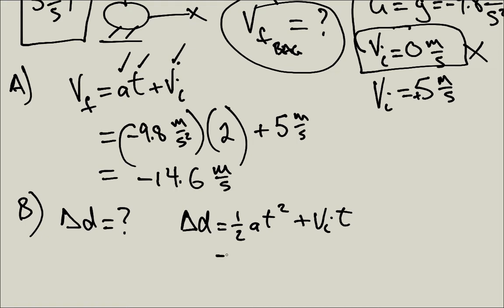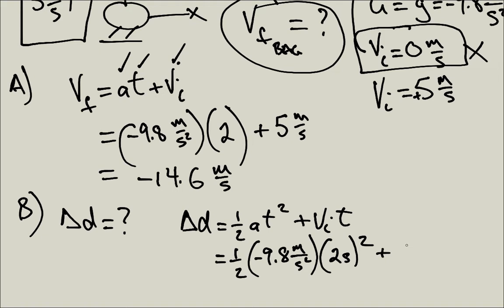Let's see if that'll work. Then that's 1/2 A, which is negative 9.8, and then T is 2 seconds, that's squared, plus VI, which was positive 5, times 2.